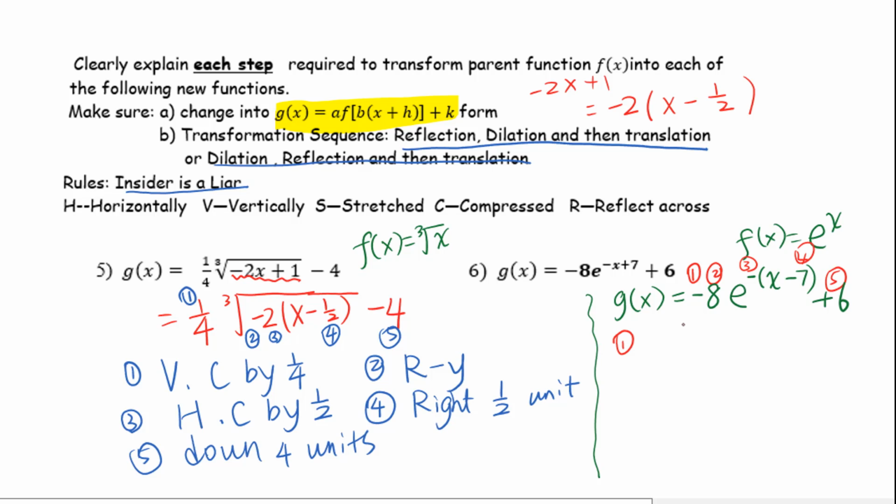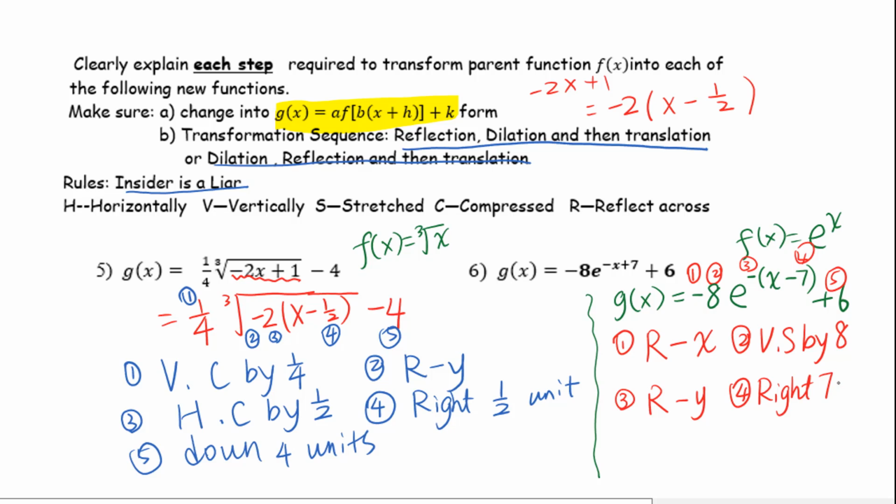First step, since this negative sign is related with y, that's a reflection across the x-axis. Second step, vertically stretched by a factor of 8. For the third step, reflect across the y-axis. For the fourth step, inside is a layer, translate right 7 units. For the fifth step, translate up 6 units.